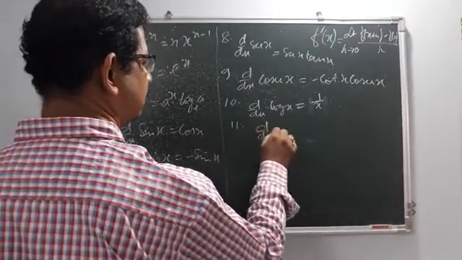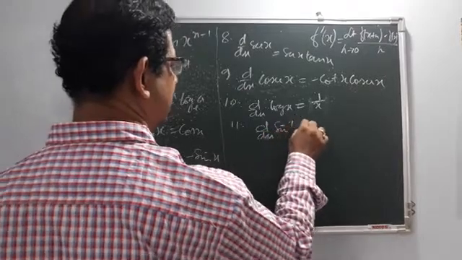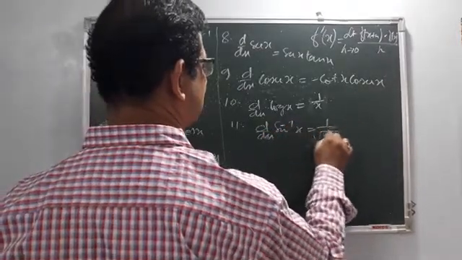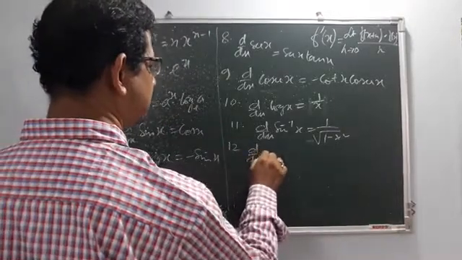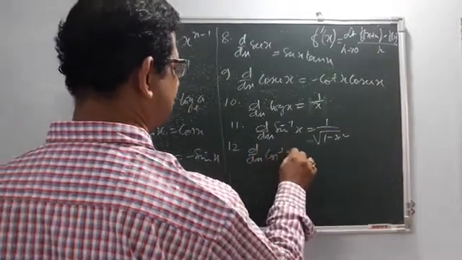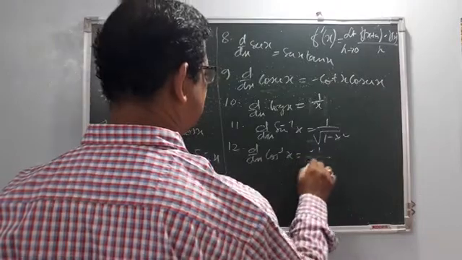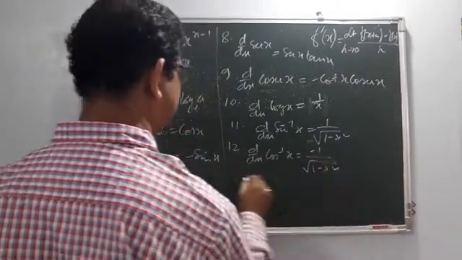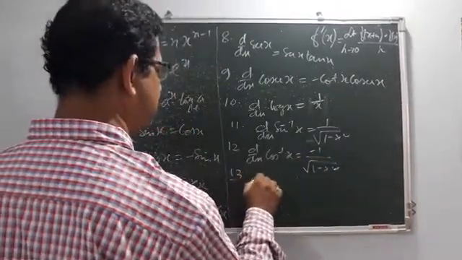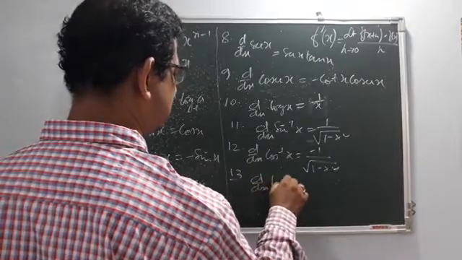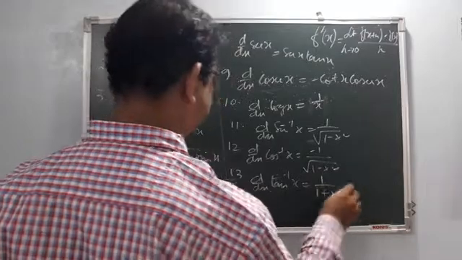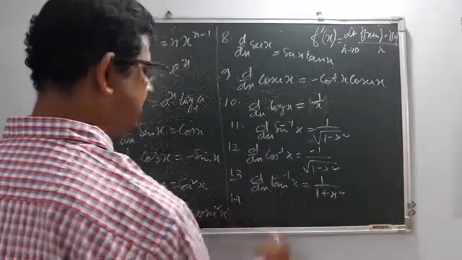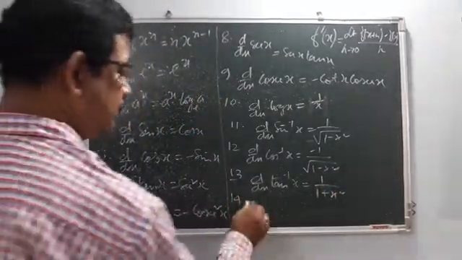d/dx of sin inverse x is 1 by root over 1 minus x square. d/dx of cos inverse x is equal to minus 1 by root over 1 minus x square. d/dx of tan inverse x is 1 by 1 plus x square. d/dx of cot inverse x will be what?